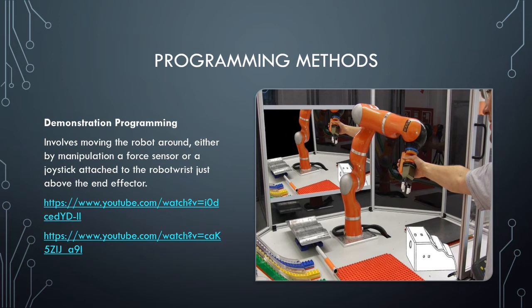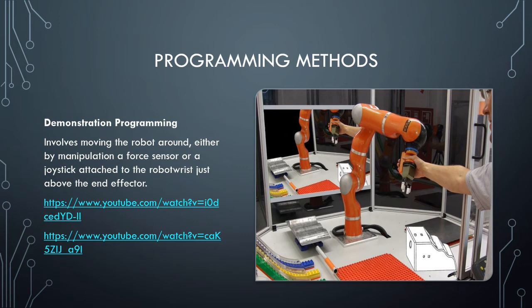So a teach pendant can be kind of clunky sometimes. You can be limited to an X, Y, and Z axis, maybe 6 axes. You are a little bit limited in how you're moving things around. So with demonstration programming, you can sometimes get a lot more fluid. You can be precise a little bit faster.